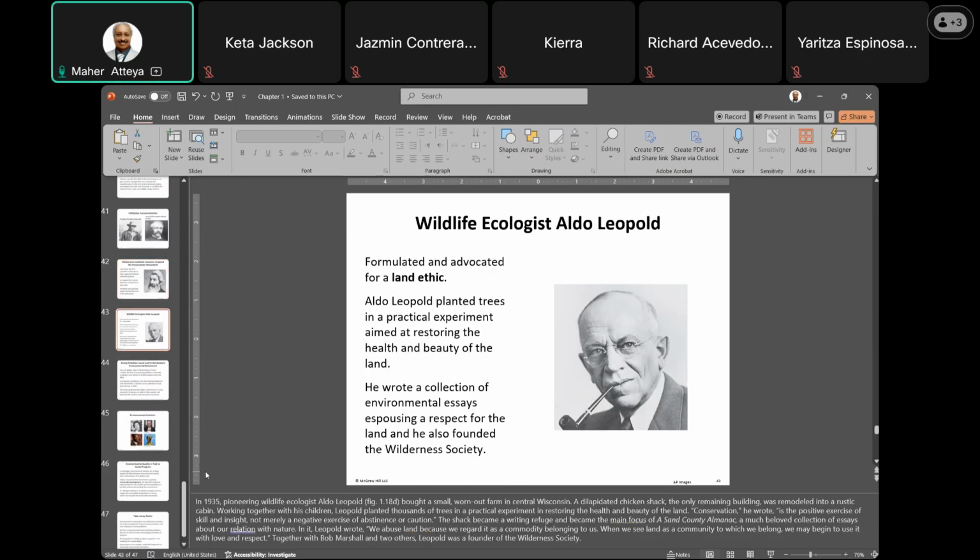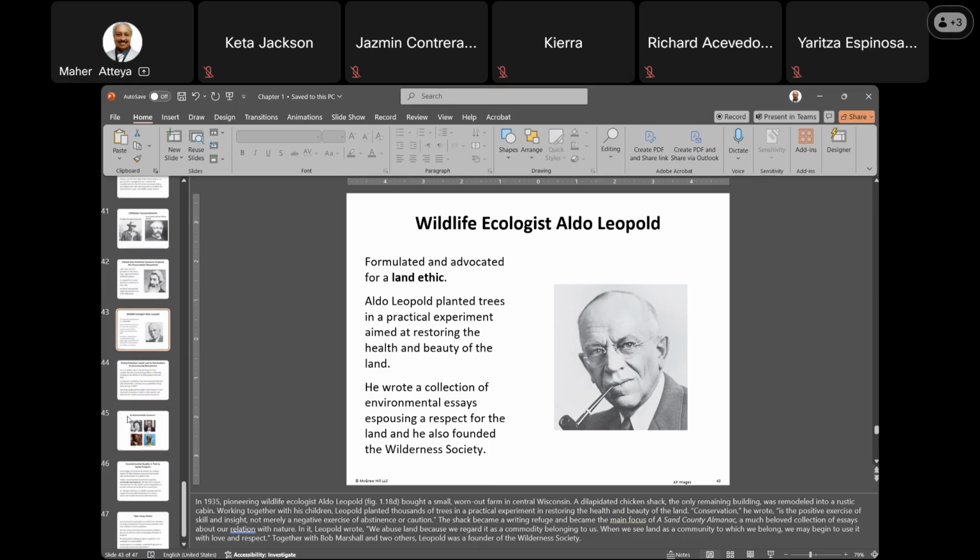And we have another scientist who really contributed, ecologist Aldo Leopold. He planted trees as part of his experimental approach, and he wanted to restore the health and beauty of the land, of the forest.